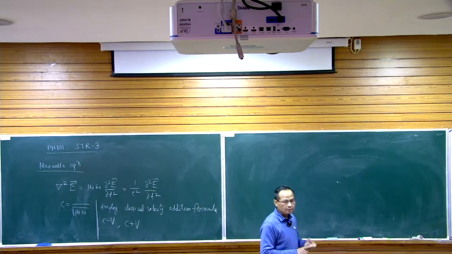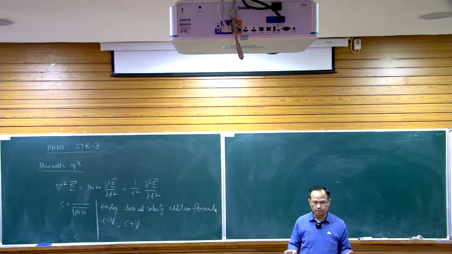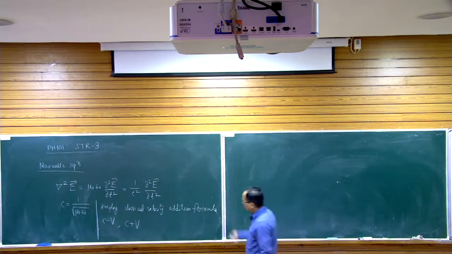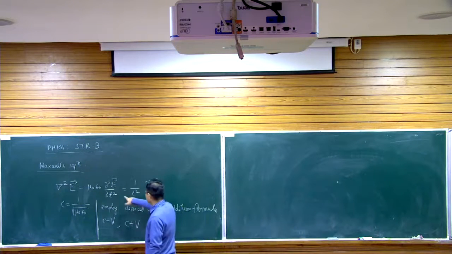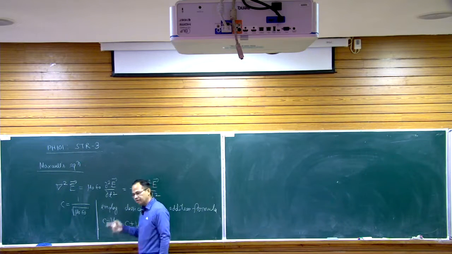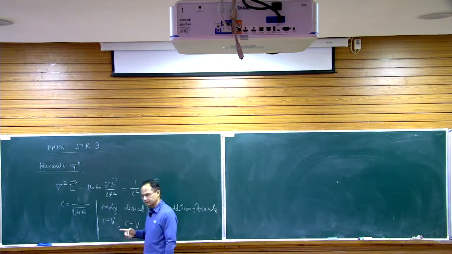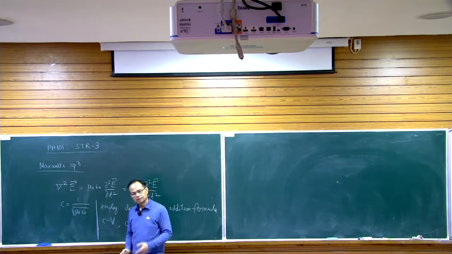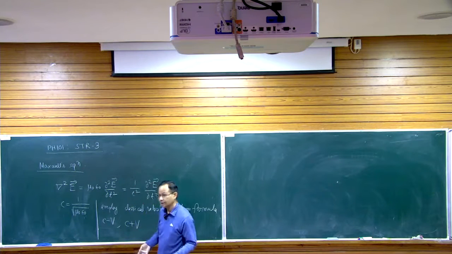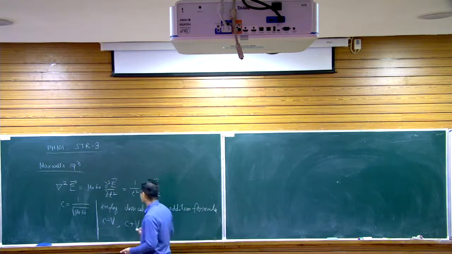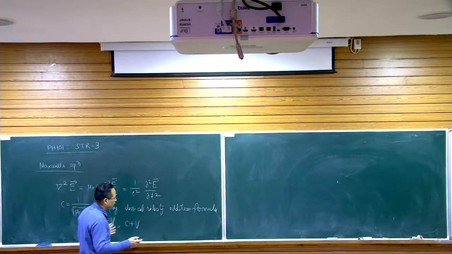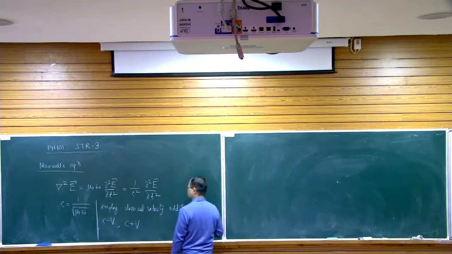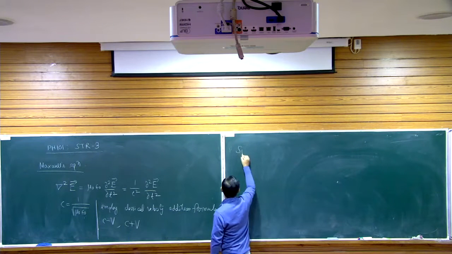So that particular frame of reference has to be a special frame of reference. Only in that frame of reference will the Maxwell equation be valid, meaning only in that frame the speed of light will be c. In other frames, the speed of light can be different from c. So then there has to be a special frame. Now what is that special frame of reference?